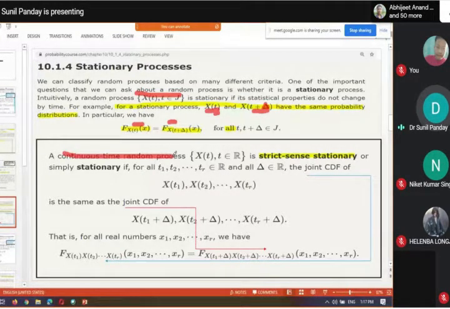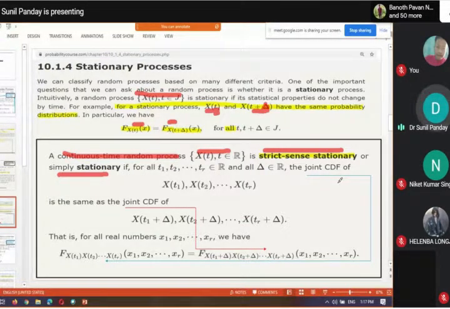A continuous time random process X(t) is strict sense stationary. In general, if we say a discrete time process, then it is X_n. So a continuous time random process X(t) is strict sense stationary or simply stationary.